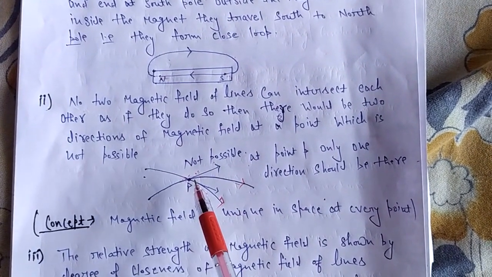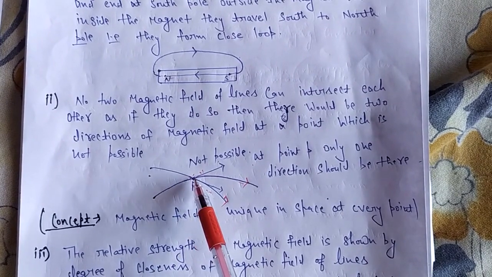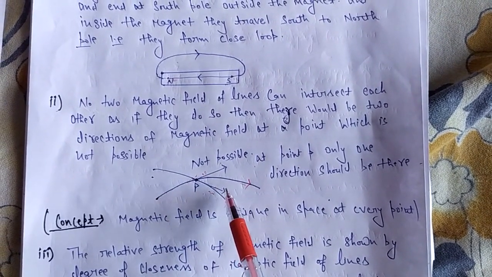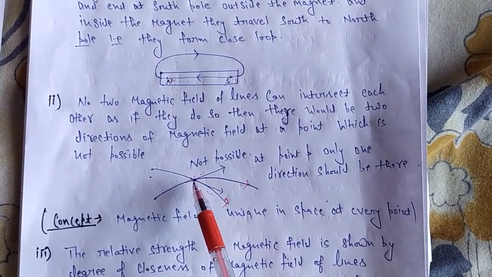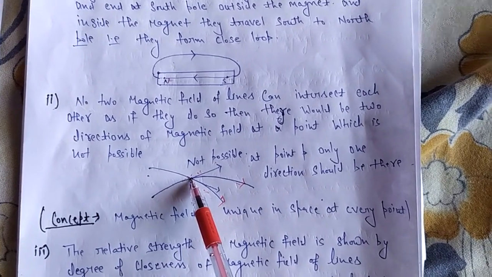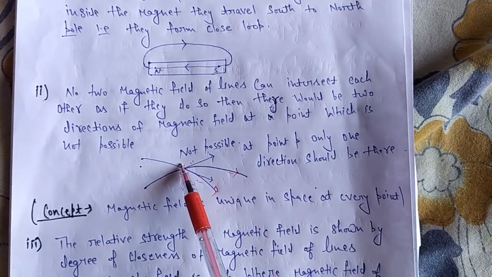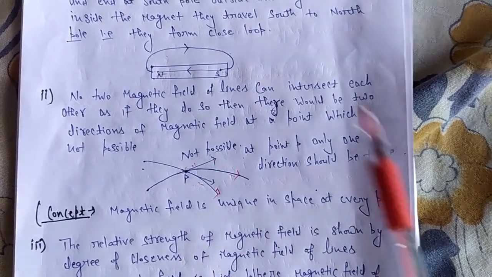Why? Because if you take point P and two magnetic field lines intersect at point P, then with the help of tangents we can draw two directions. That would mean two directions of the magnetic field at point P, which is not possible because the magnetic field is unique at every point in space.